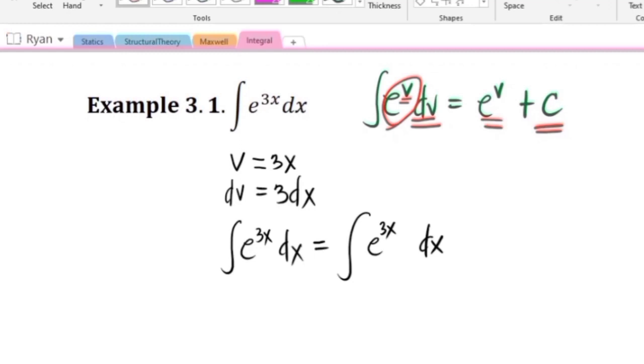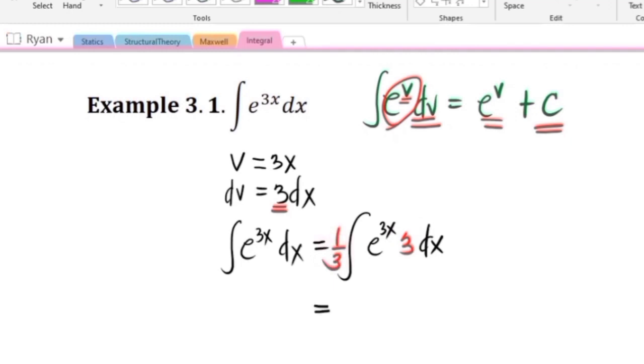Now, if we look here, we are missing a 3. So therefore, we will multiply 3 here, and we will multiply the reciprocal outside.